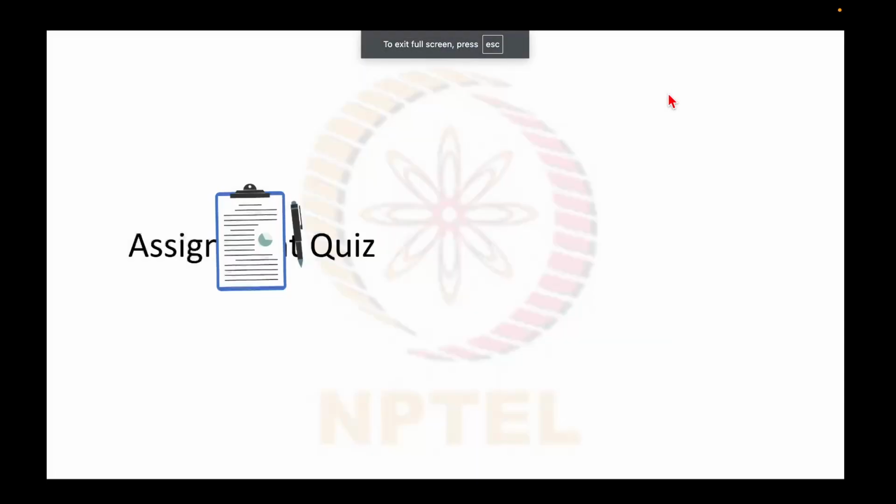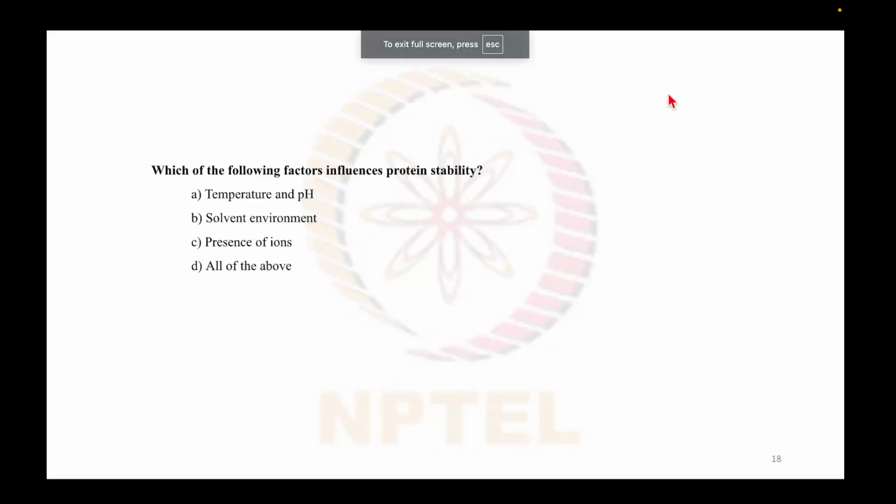Now I have some questions. First, which of the following factors influence protein stability? Whether it is temperature and pH, solvent environment, or presence of ions. So all of the above.